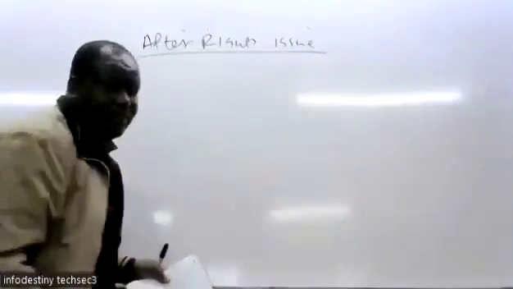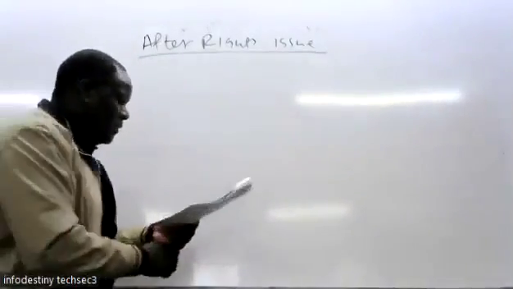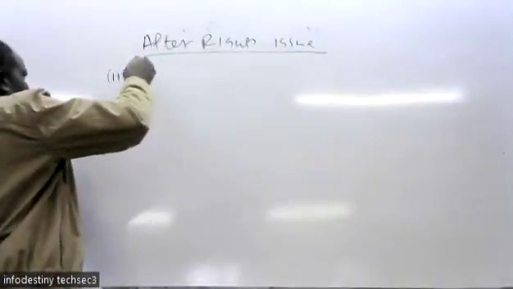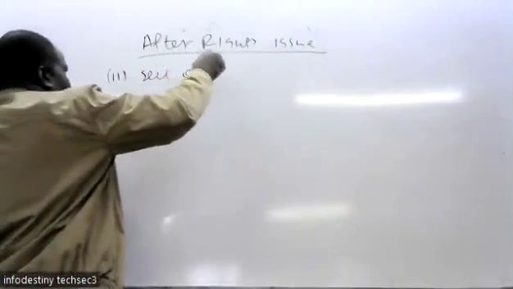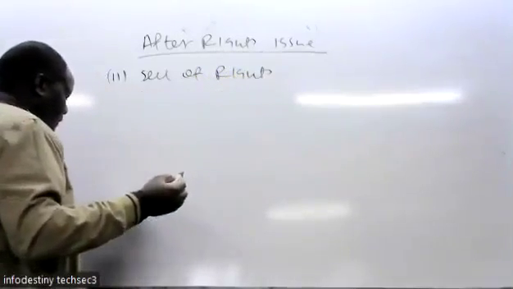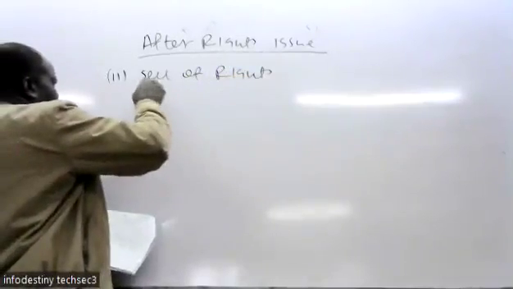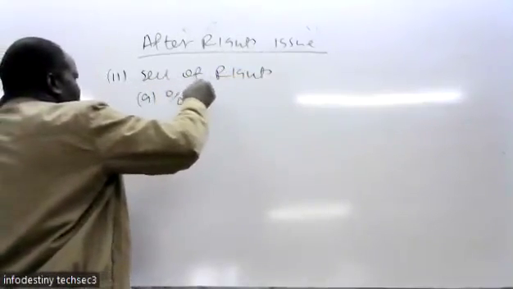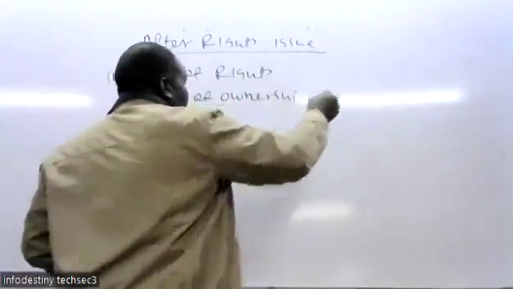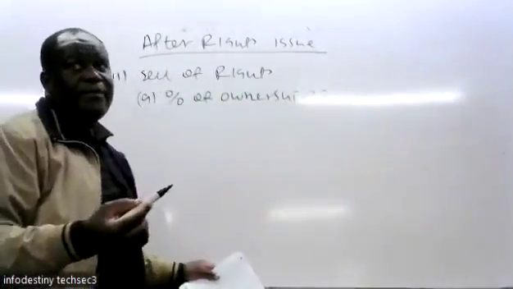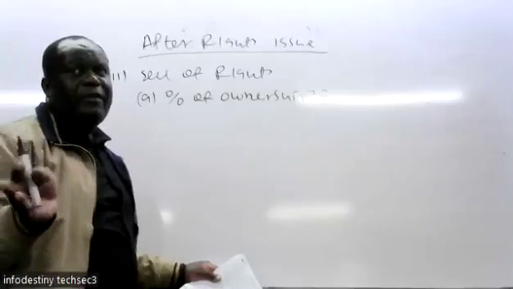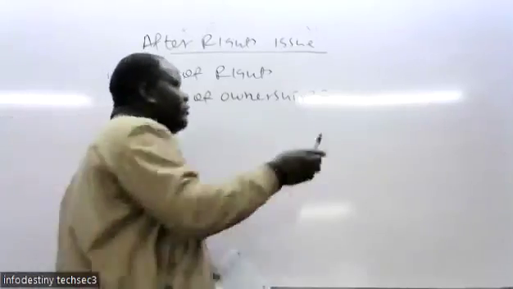So we start off with the percentage of ownership. So he sold the rights. He sold the 400. He will be left with the original shares in hand, which was 16.